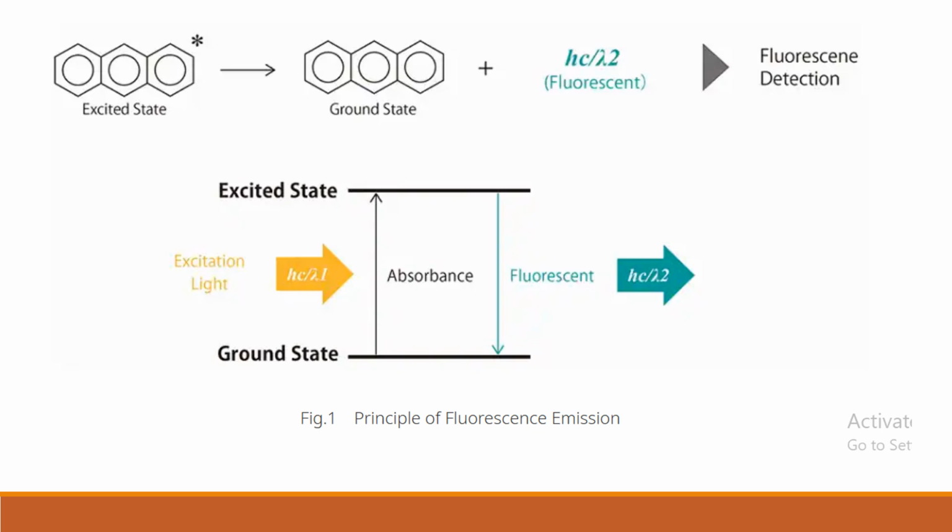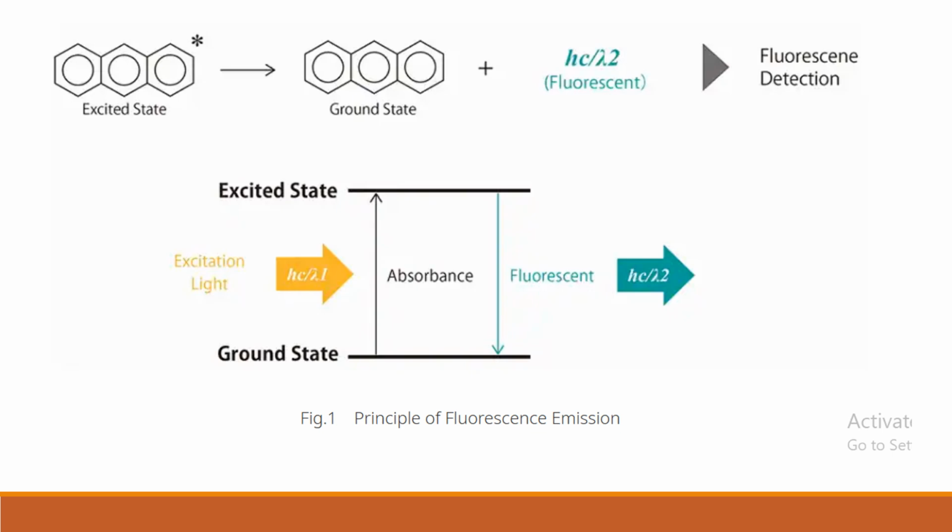Now these molecules that transition to the excited state lose energy continuously due to heat or collision with other molecules and return to the ground state. Now this is the normal process. When it is excited, from ground level it will go to the excited level, and as and when the energy is released, it will come to the ground state again.